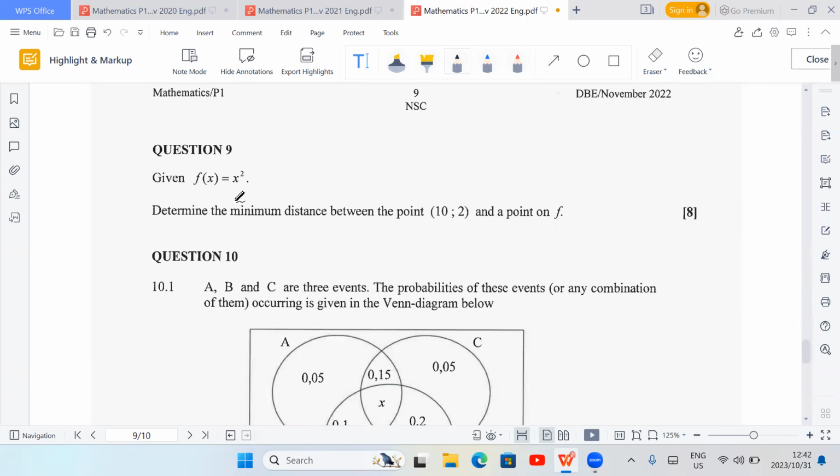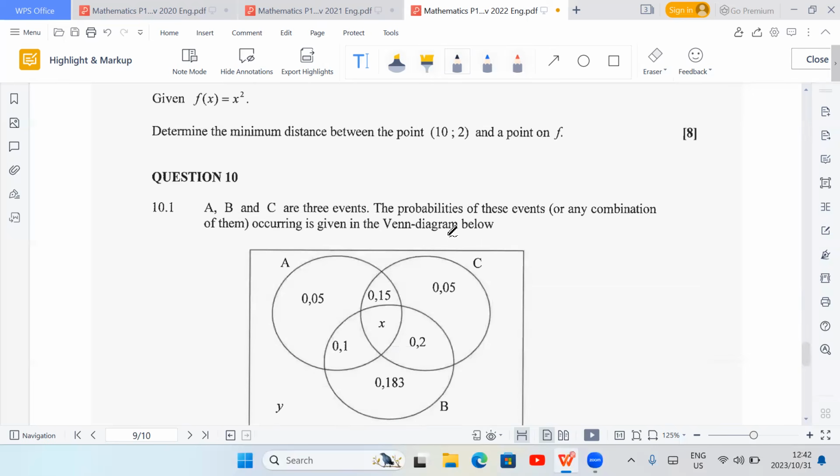So this one is speaking about the minimum distance between the point (10; 2) and a point on f, right? But if they're speaking about minimum distance, you know that you have to apply your differential calculus, derive this to f prime, and then try to get to the points there, right? So I won't discuss it.